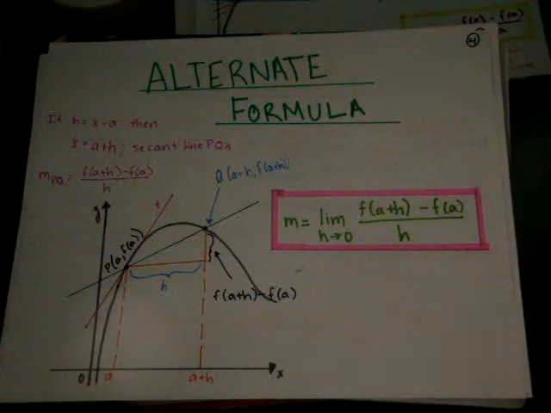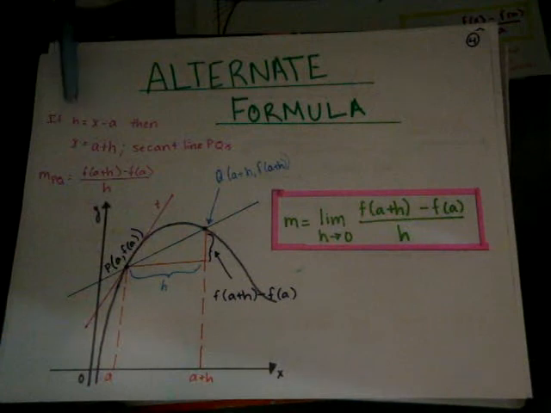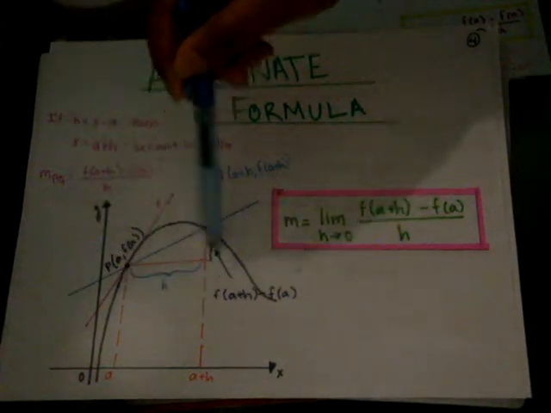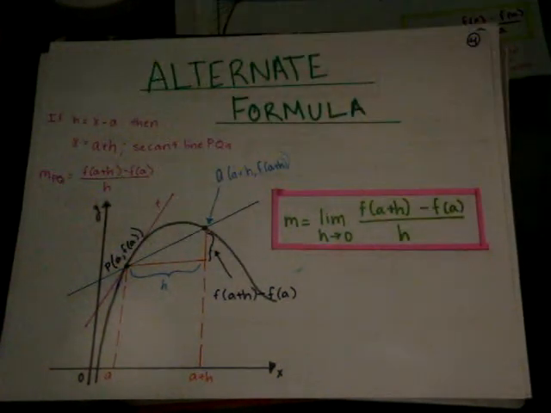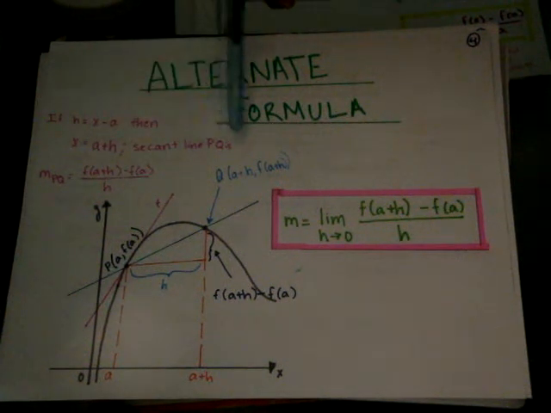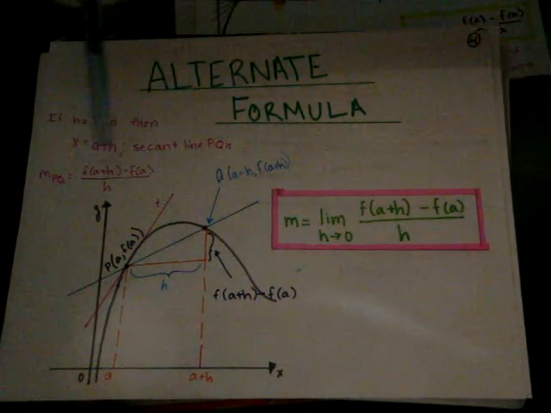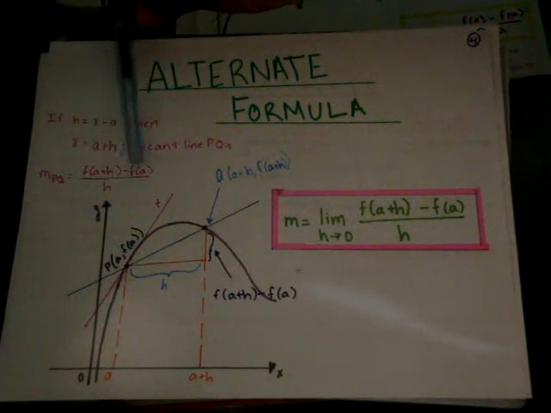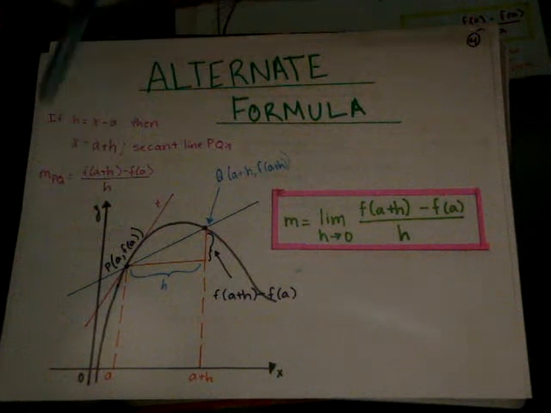Another formula you can use that makes it easier in some problems is if you set h equal to x minus a, which is the change in x, then x would equal a plus h. The secant line PQ's slope would be given by m of PQ equals f of a plus h minus f of a over h.